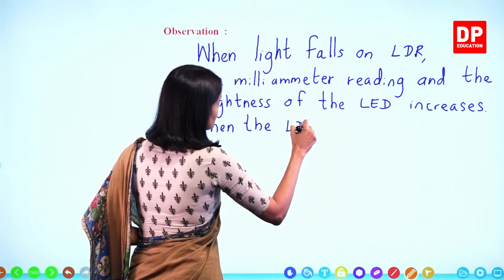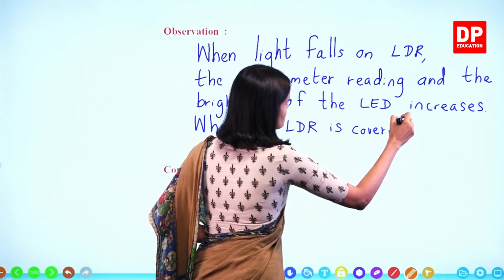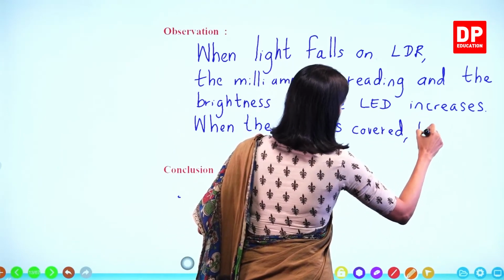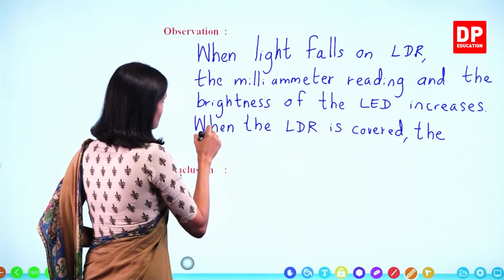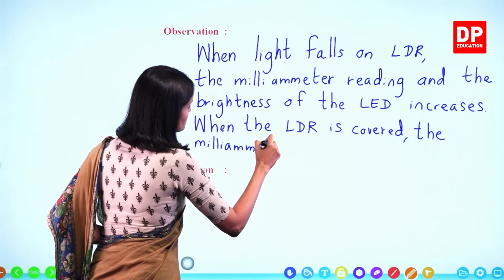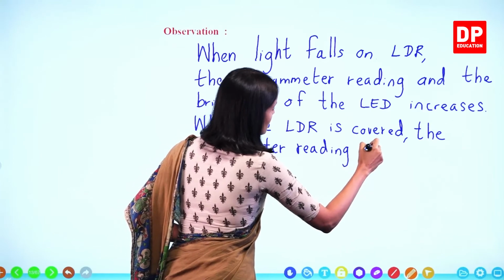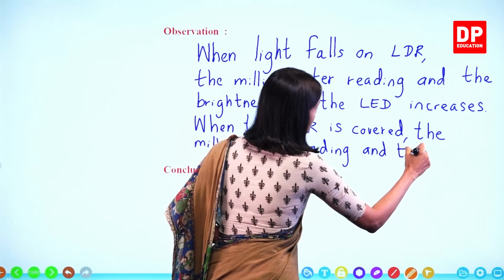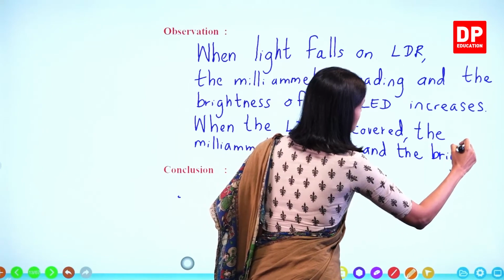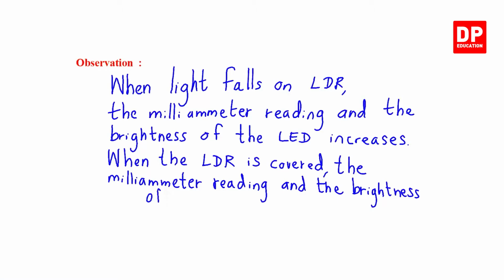When the LDR is covered, the milliammeter reading and the brightness of the LED decreases.